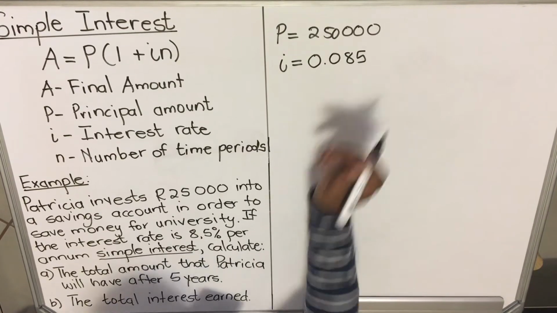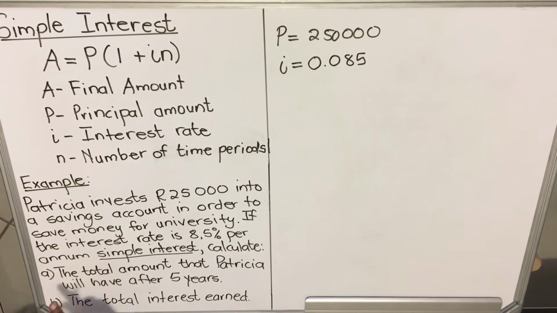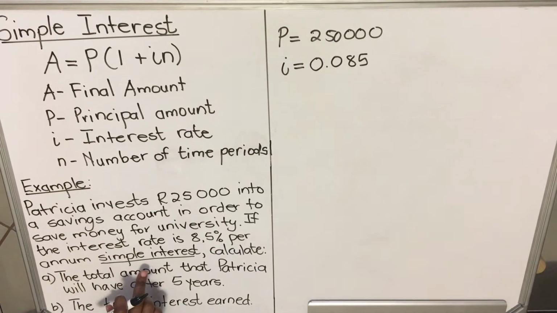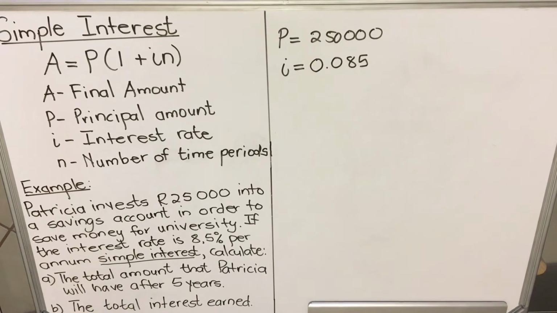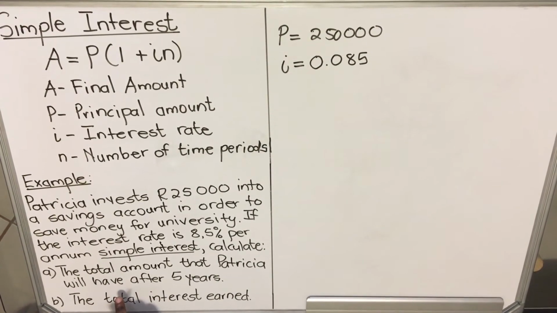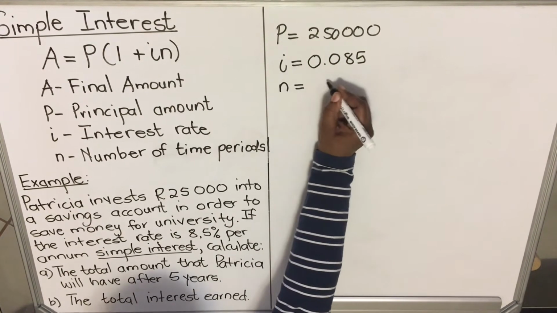Please always use your calculator so that you don't miss zeros. And then they say annually simple interest, so we're going to use simple interest. Calculate A, the total amount that Patricia will have after 5 years. So the period N is 5 years.